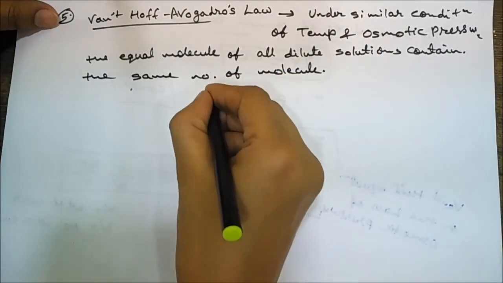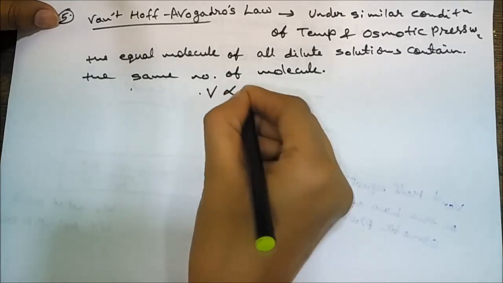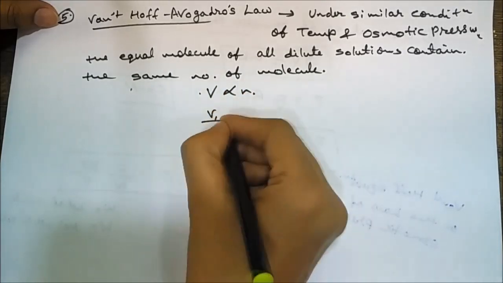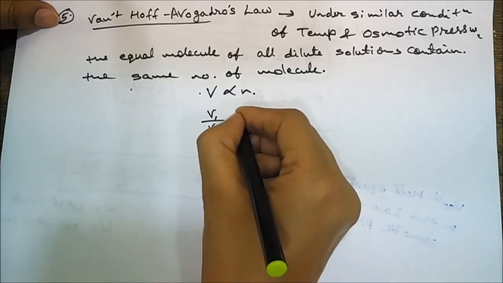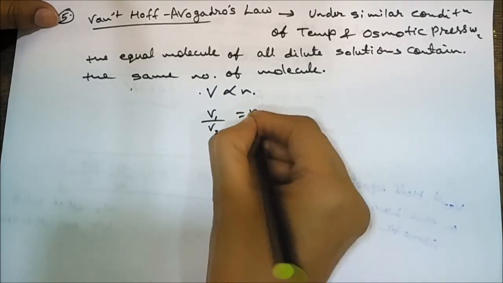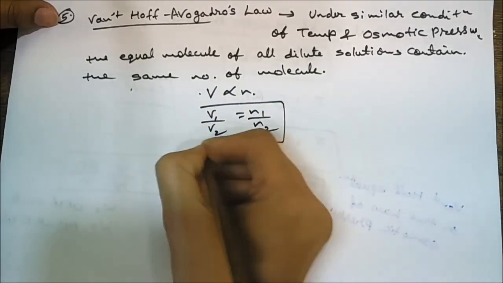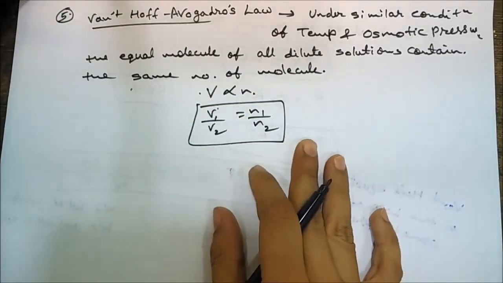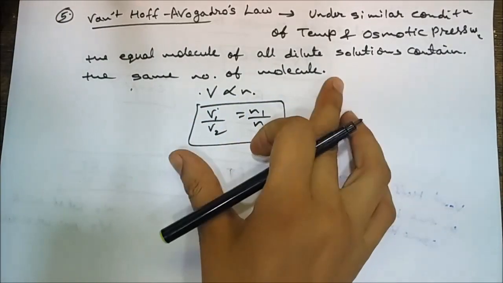So we can write V is directly proportional to N, or V1 upon V2 is equal to N1 upon N2. So this is Avogadro's law for dilute solutions.